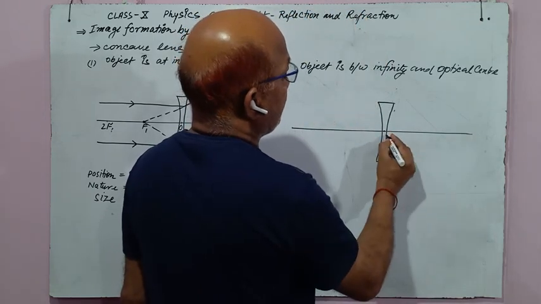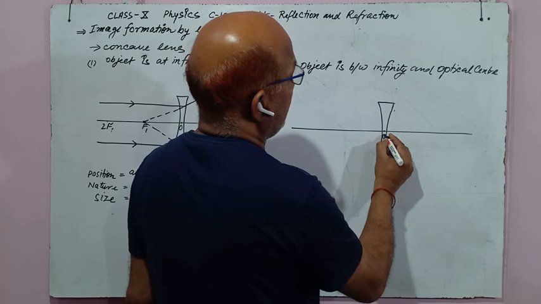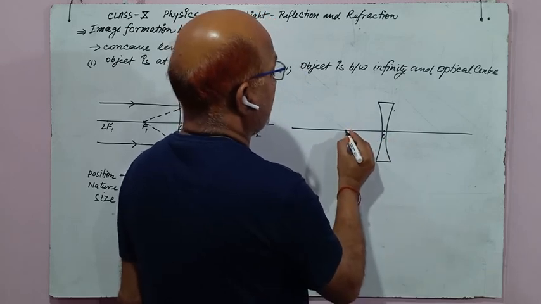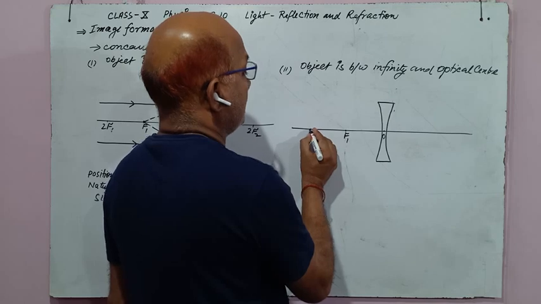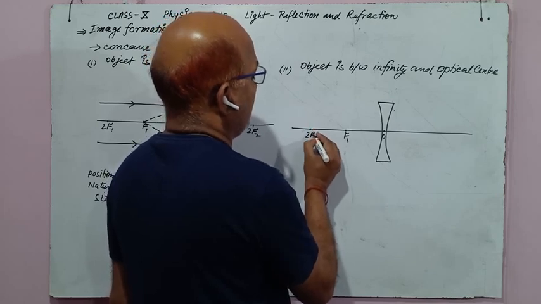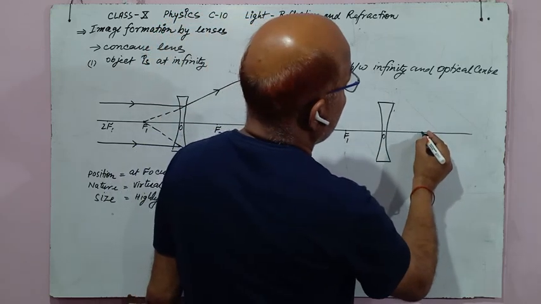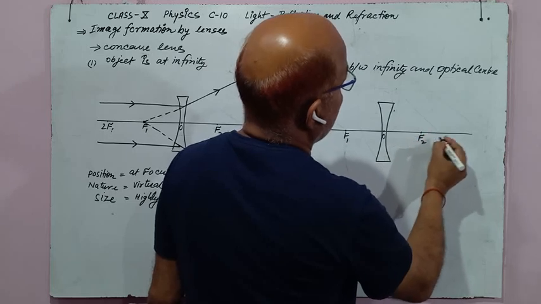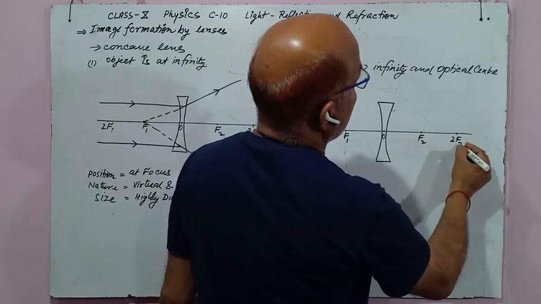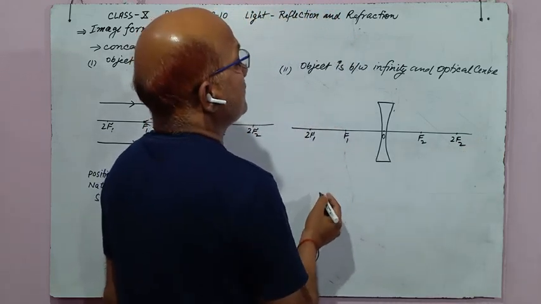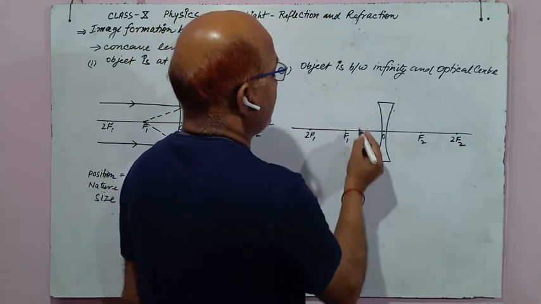This is principal axis. It is optical center, F1. It is 2F1. It is F2 and it is 2F2. Now object is between infinity and optical center.